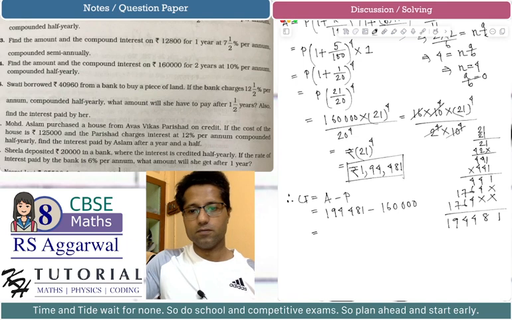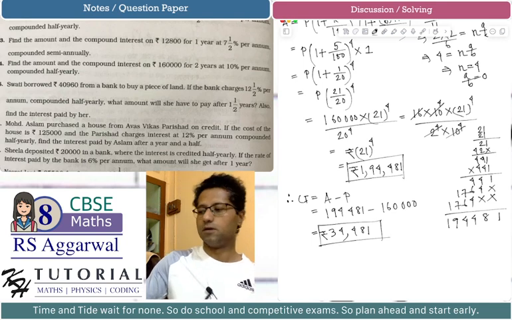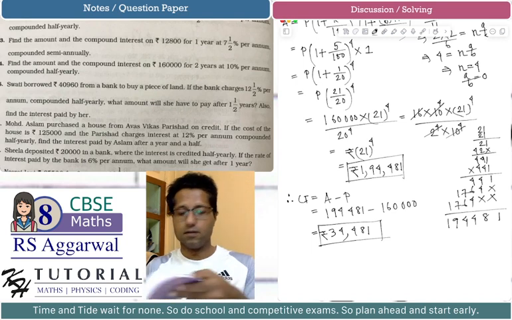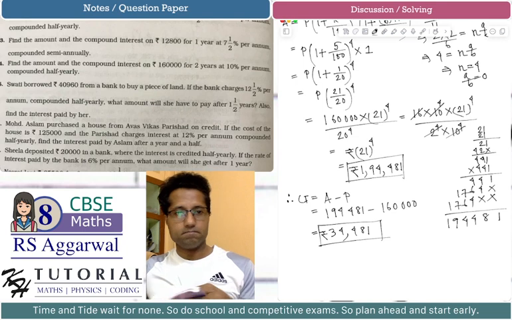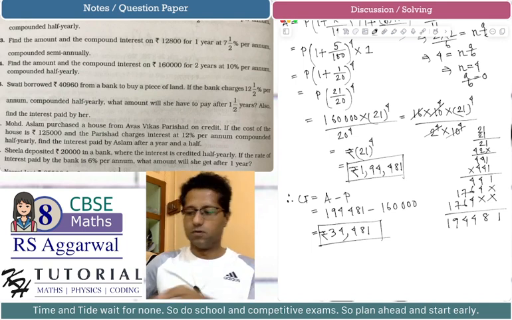This is equal to 34,481. That is, 34,481 is the compound interest, and 1,94,481 is the amount. This is question number 4. 194481 and 34481. Okay.